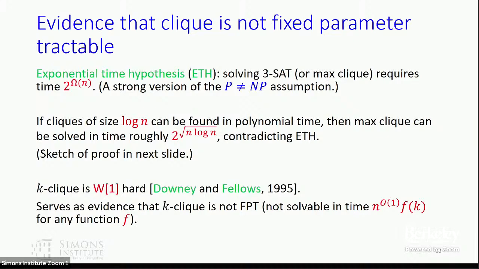There is a notion of a hierarchy of hardness for various problems, and the clique problem is complete for the first level of this hierarchy, which serves as evidence that it cannot be solved in time polynomial in n times some function of k.